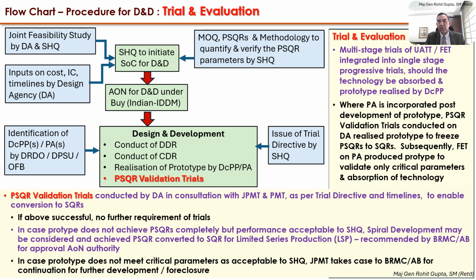In order to cut down the level of trials, in case the technology has been absorbed, and the production agency or the design cum production partner has been able to produce the prototype as per the design, and internal trials of the prototype are completed and they are completely successful, then we need not go through the multi-stage trials of the unit assisted trial team, that is during the realization of the prototype, followed by proper field evaluation trials. It can be done away with, but that is only if it is totally successful and SHQ accepts it.